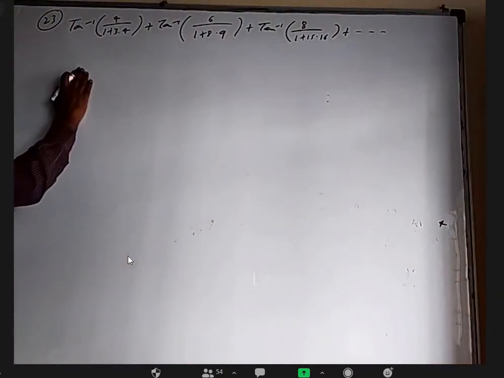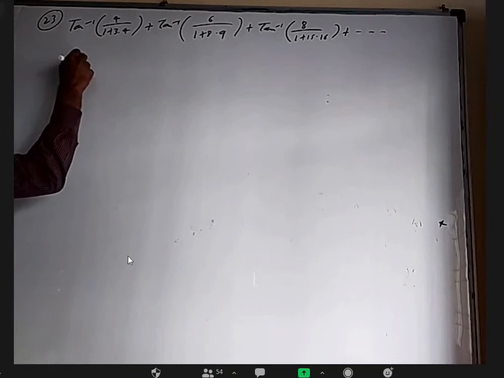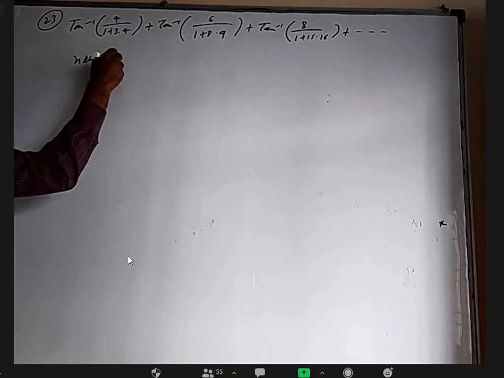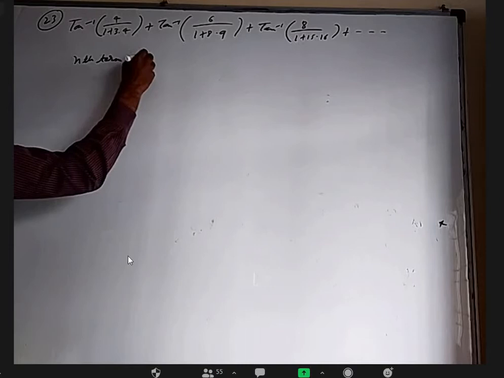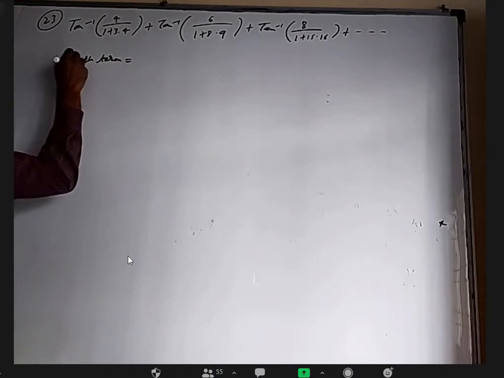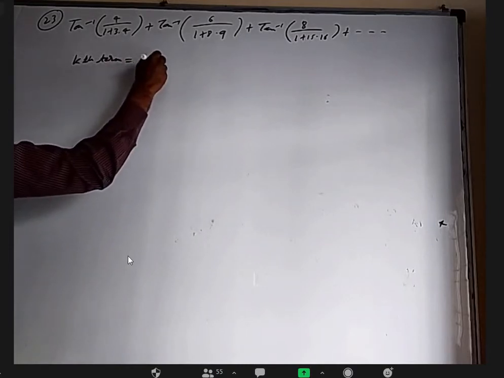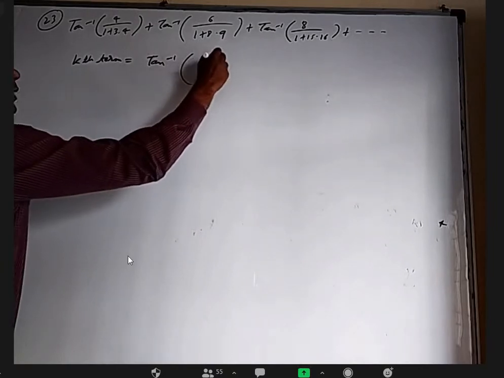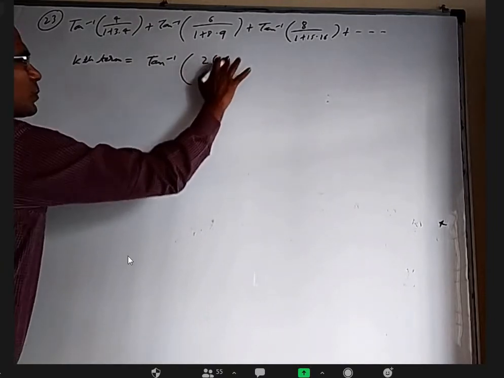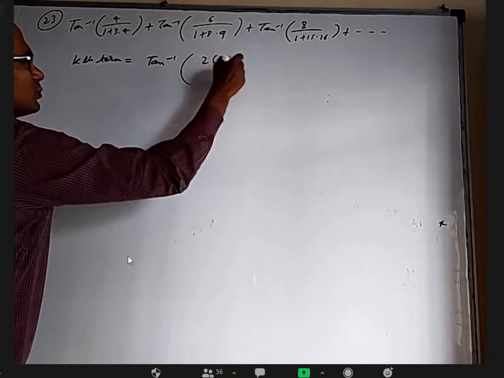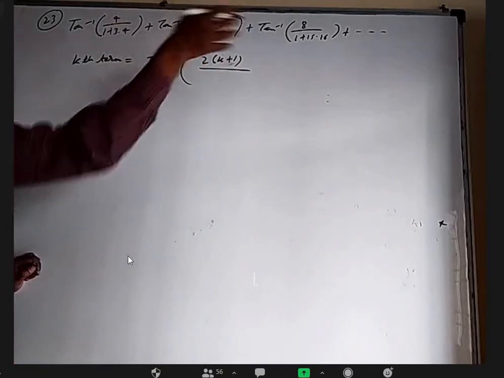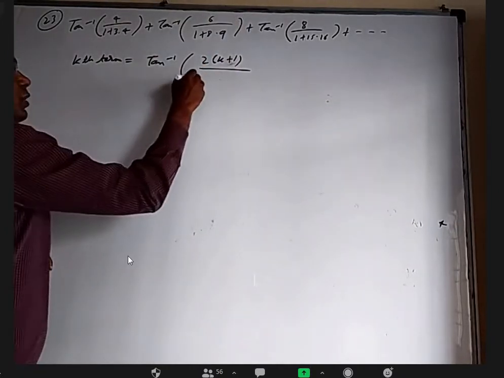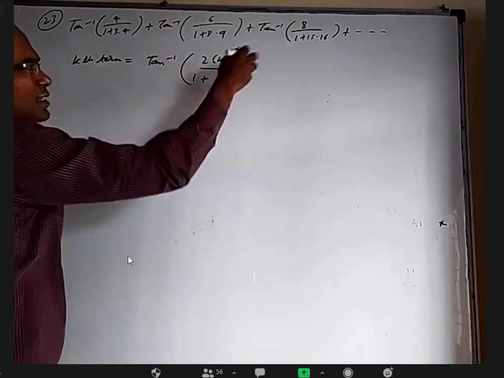So don't write till we complete. I think the nth term, or let me write the kth term, is tan inverse of 2 times k, no, 2 times k plus 1, because 2 into 2, 2 into 3, 2 into 4. In the denominator, 1 plus 4, 9, 16, which are perfect squares.